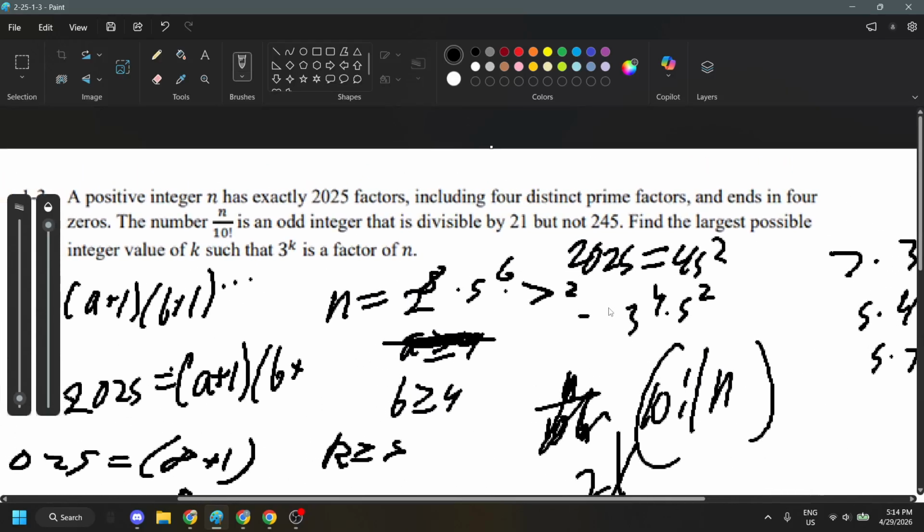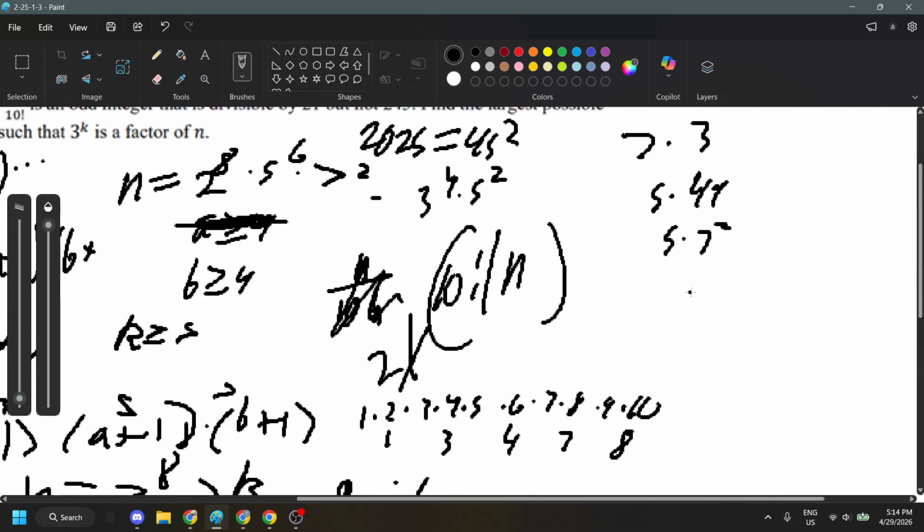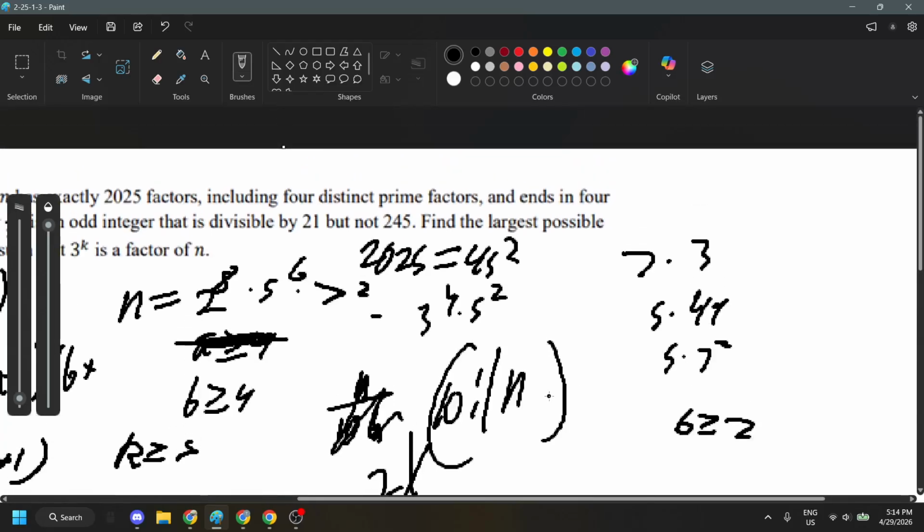And then if it's divisible by 21, so it includes at least 2 factors of 7, so b is greater than or equal to 2. But not 245. So 245 is 5 times 49.